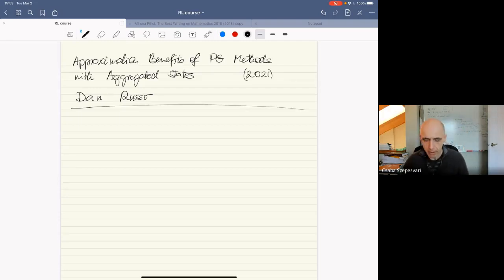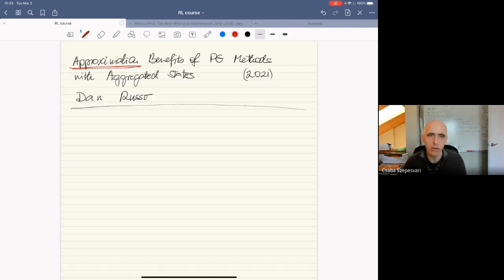So in this paper, the author is arguing that policy gradient methods, which we haven't talked about yet, do have some benefits in terms of approximation error. So what is this thing?